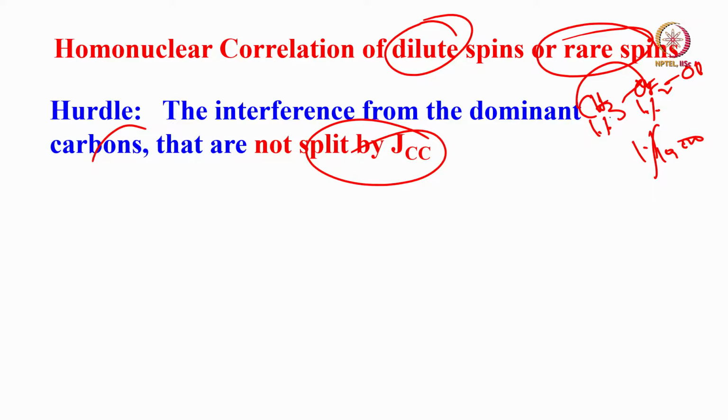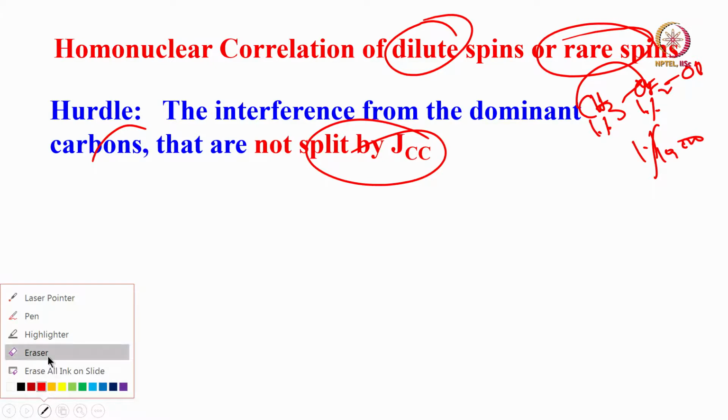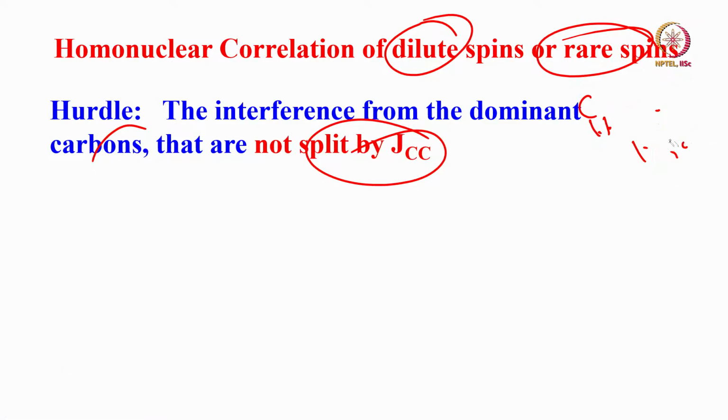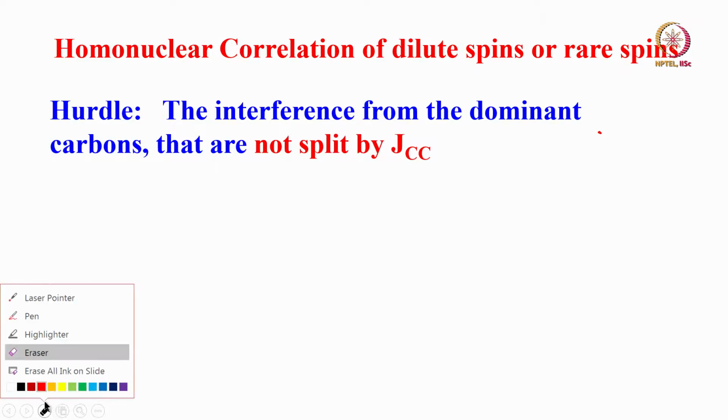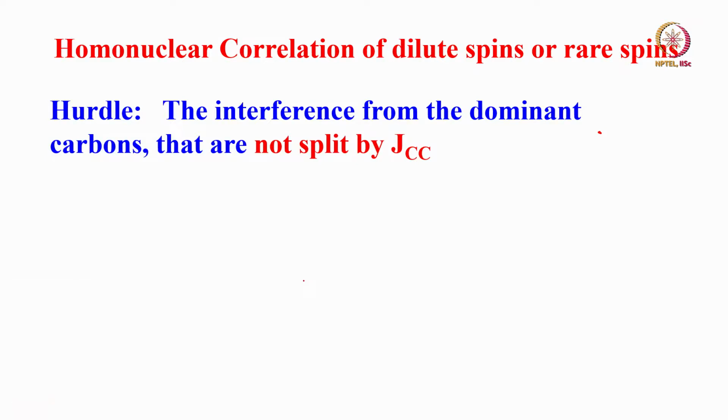For example, there are independent isotopomers. Remember, the carbon 13 spectrum, as I said earlier, is a superposition of the spectra of individual isotopomers, and carbon 13 coupling you are going to see from the isotopomer where both the carbons are in carbon 13 state, they will be split by J coupling.